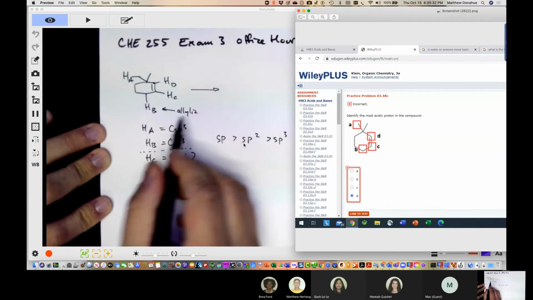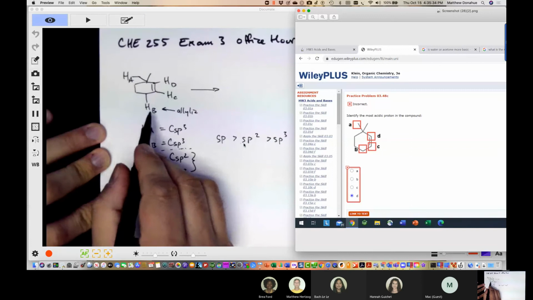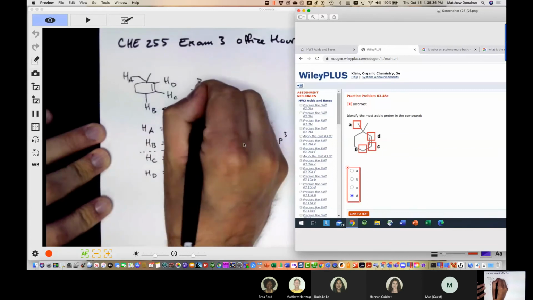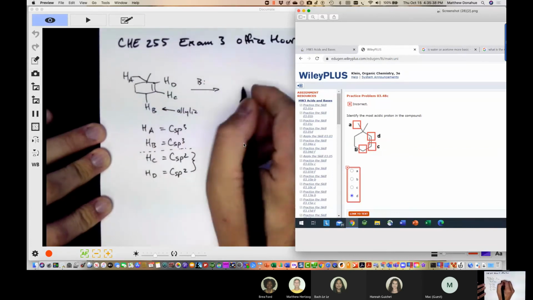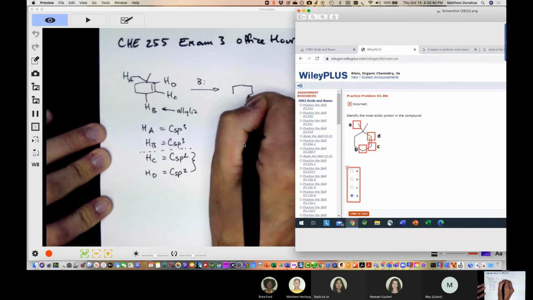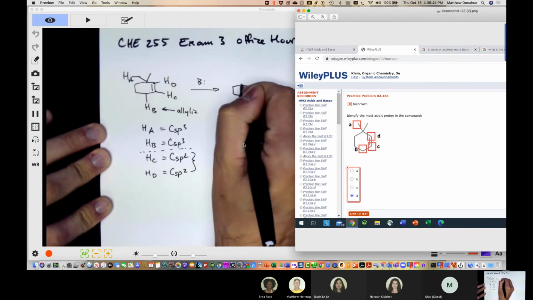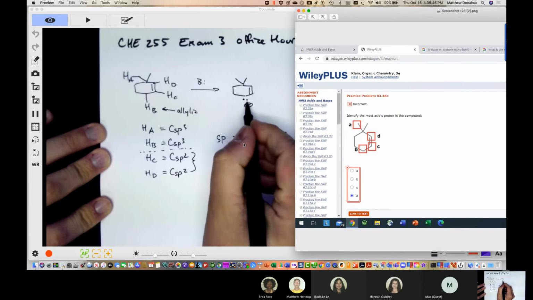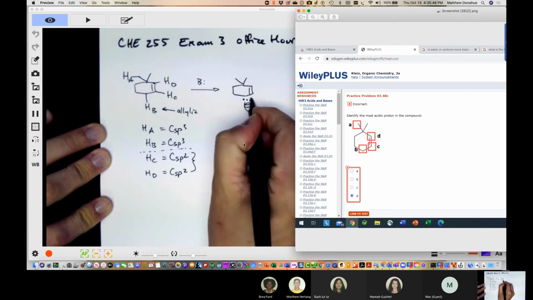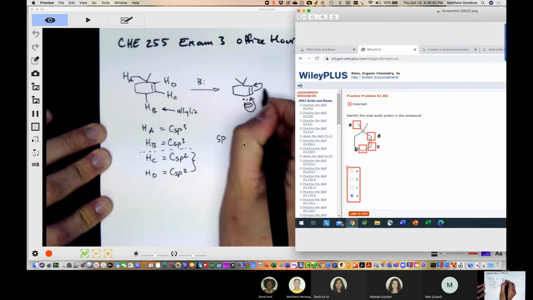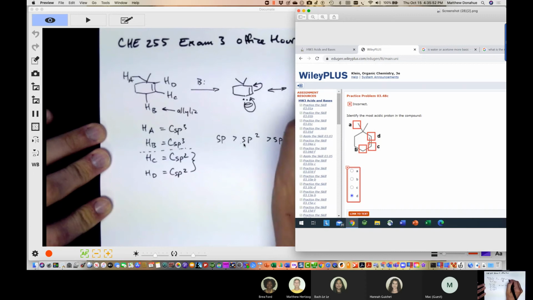And so what that means is when you deprotonate HB with a base, I'm just going to call it some base, you're forming a negative charge there. That negative charge can be delocalized through resonance. So there's our resonance arrow, to the other position of the alkene.